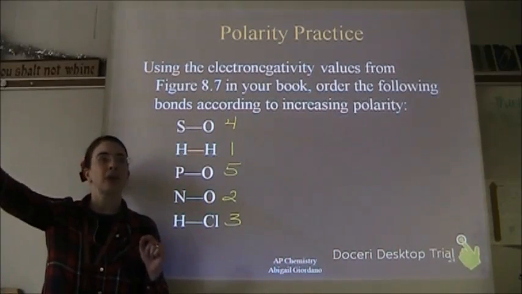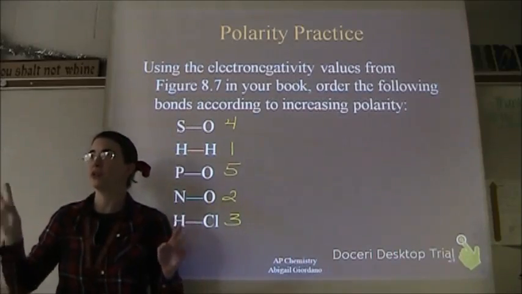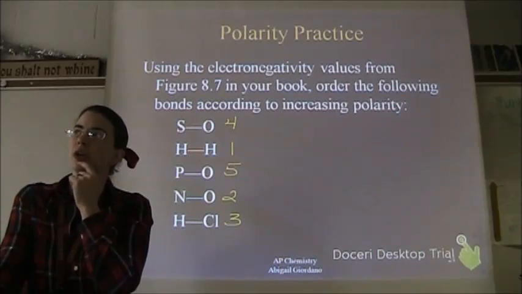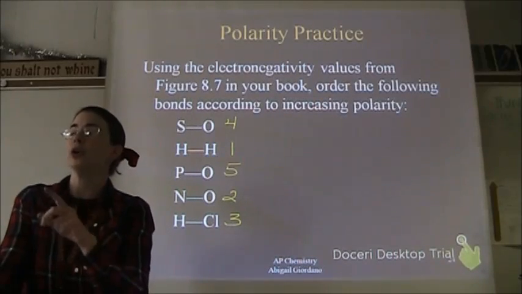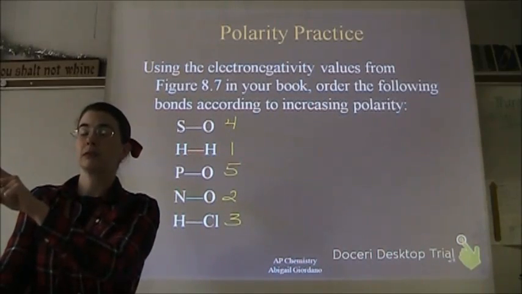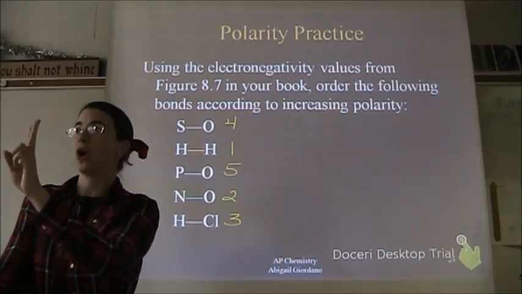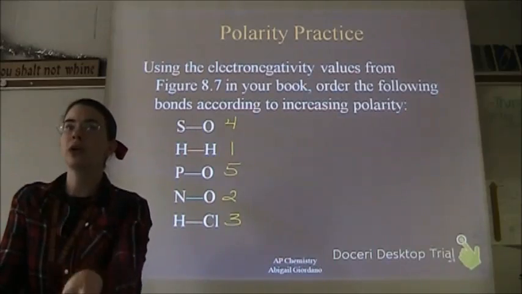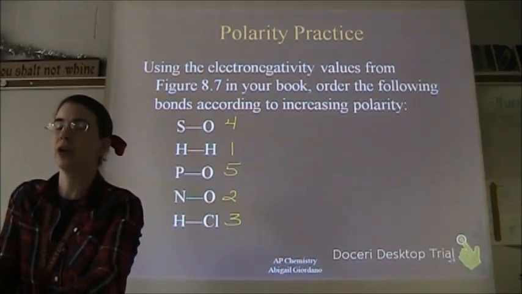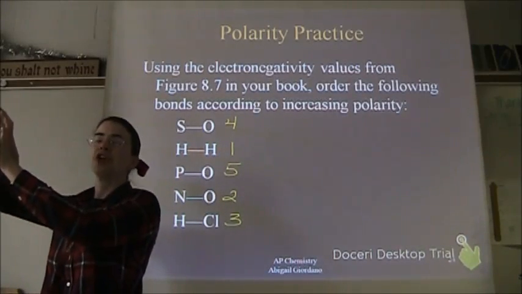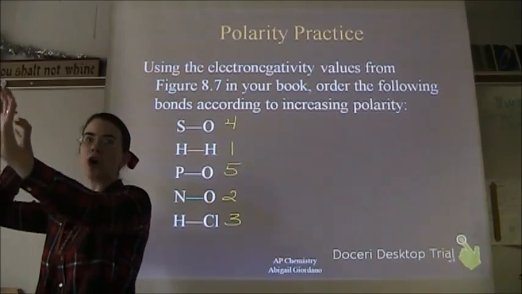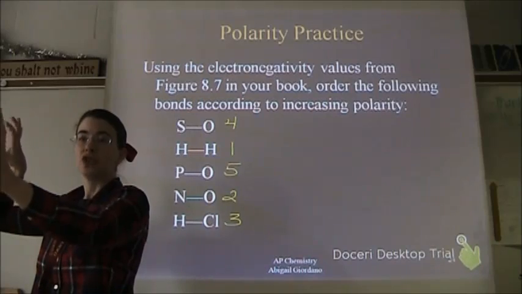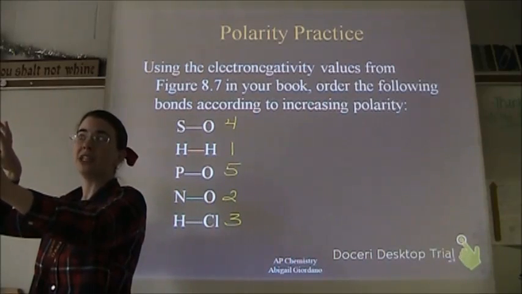Look at your periodic table on the wall or the one in front of you, whatever, not the chart. What if I asked you which of these two bonds is more polar? OF, O and F are right next to each other, OF or NF? Do you notice on this chart here the physical distance that two elements are apart from each other on the periodic table corresponds to their electronegativity difference.